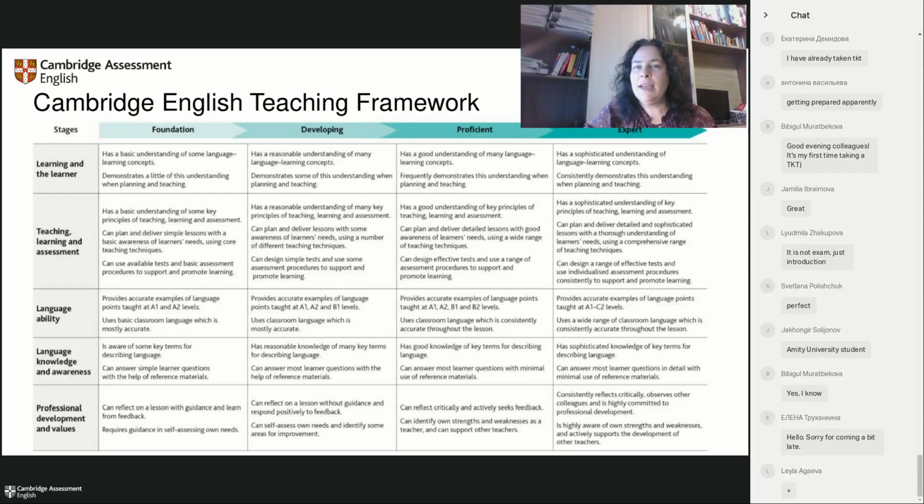You can actually find a detailed description of all the areas on the Cambridge website, and I would really recommend you do that so that you can really see the whole picture and understand all the criteria there, finding the right path for you, for your professional development.